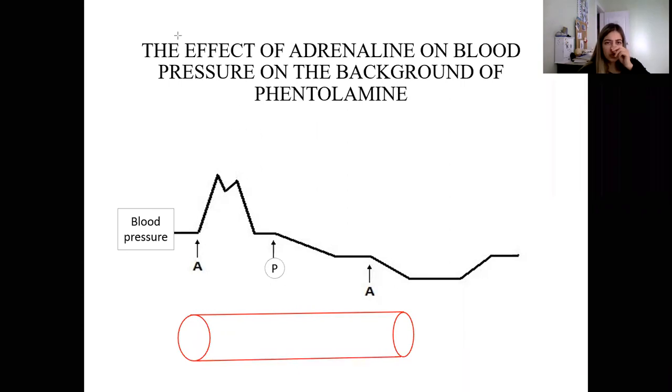And we remember what kind of receptors we have in blood vessels. In blood vessels, we have predominantly alpha-1 adrenoreceptors, and also we have beta-2 adrenoreceptors. Alpha-1 and beta-2 adrenoreceptors.